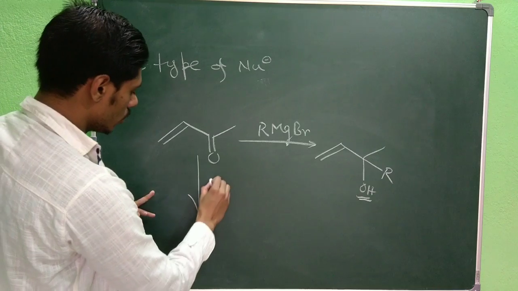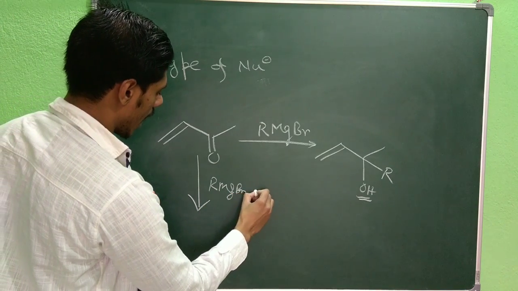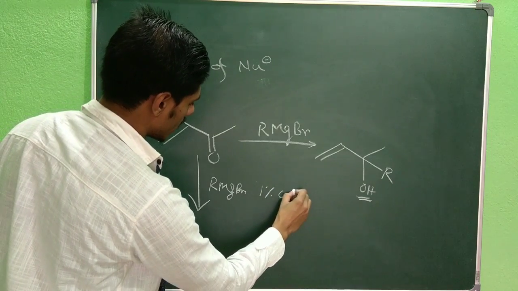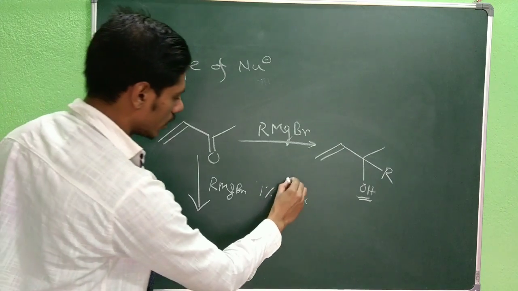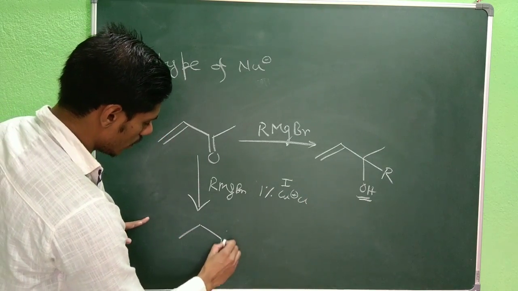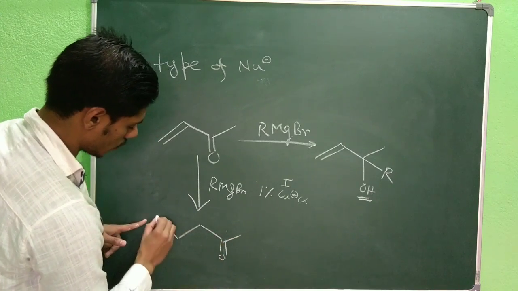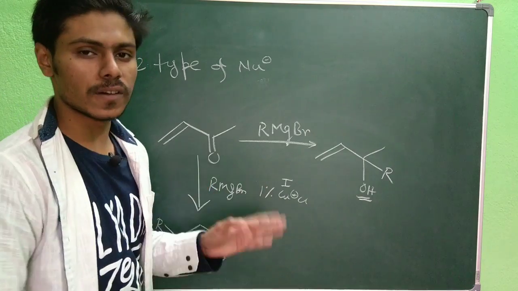But if you do the same reaction with RMgBr and add 1 mole% of copper plus, that is CuCl, copper 1 ion, what will be the product? In this case, you will get the 1,4 addition product. Okay, so this is a drastically different result.